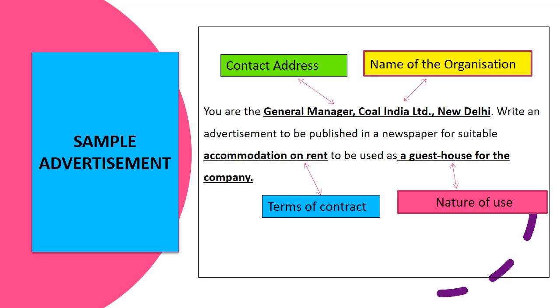Write an advertisement to be published in a newspaper for suitable accommodation on rent. So, terms of contract, you want the property on rent to be used as a guest house for the company. So, what is the nature of use? To be used as a guest house for the company. So, all this information we are going to use along with some more information on our own. So let's write the advertisement.